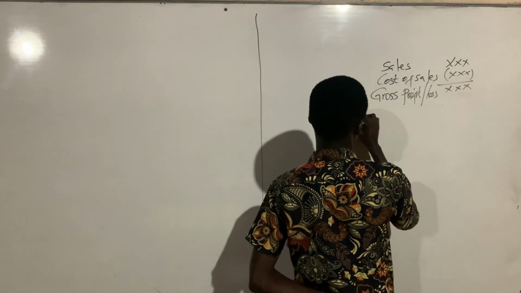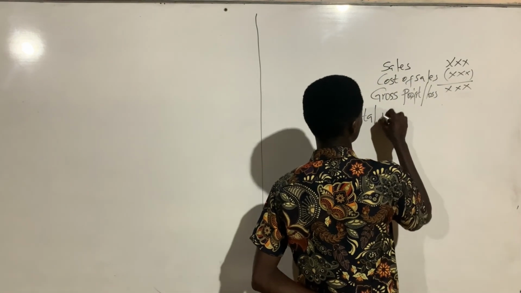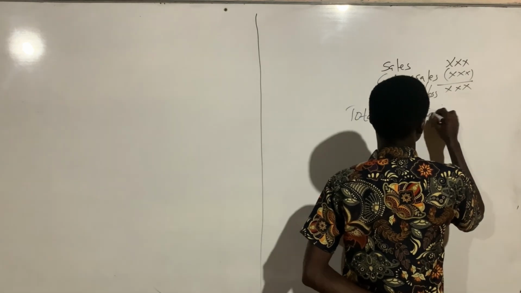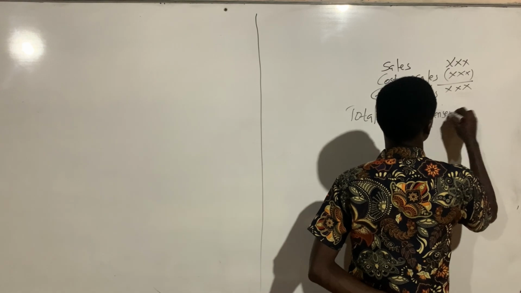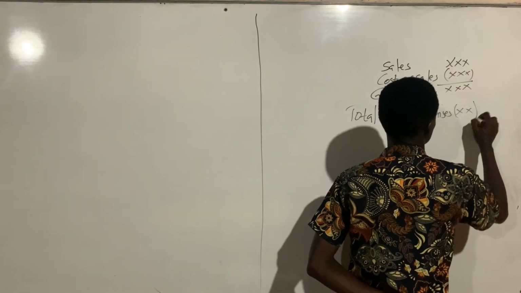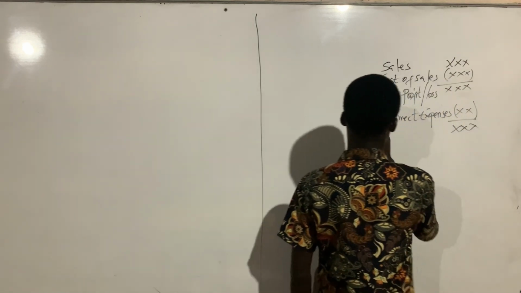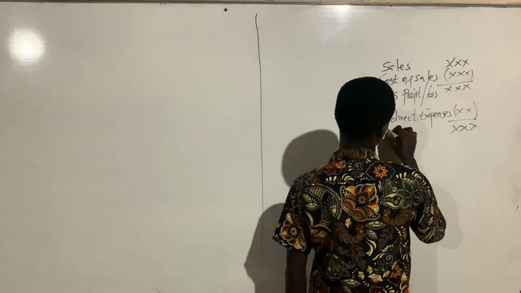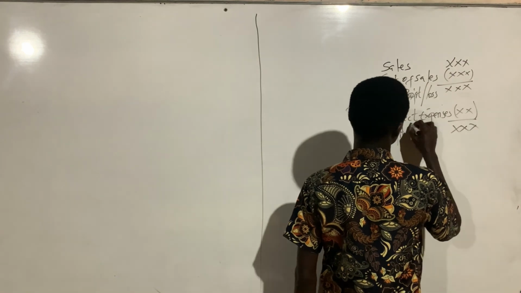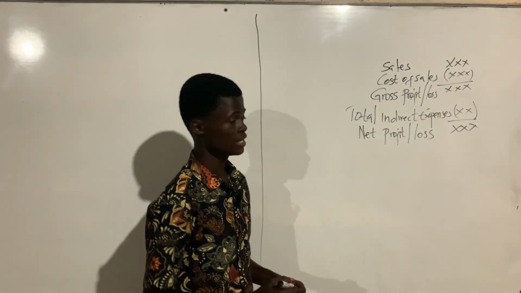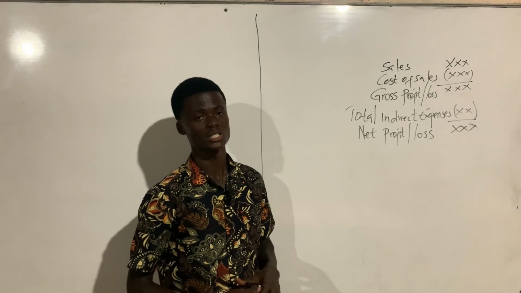Then after that, you look for your total indirect expenses, and you take it out from the gross profit or loss to get your net profit or loss. These are the most vital items you need in preparing your statement of profit or loss accounts.